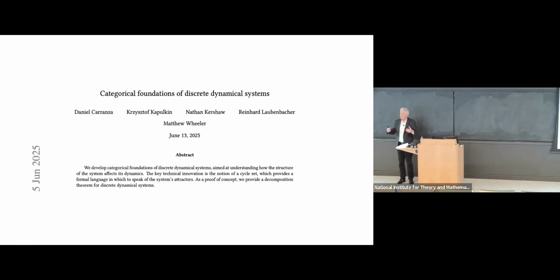You get this translation of a modular decomposition of the system into a modular decomposition of the dynamics. You get that for free. So let me not give you the details of this.